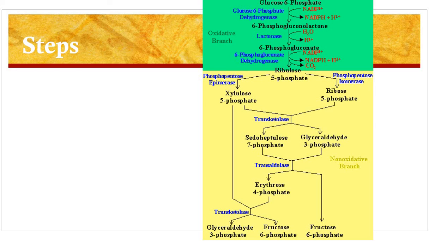In the oxidative pathway, 12 NADPH are generated here and here. In total, 12 NADPH are generated.